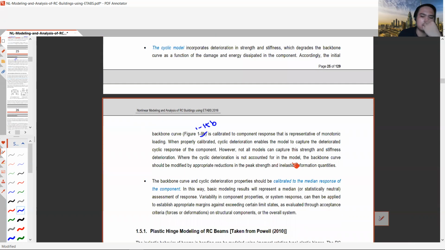So however, not all models can capture the strength and stiffness deterioration. So where the cyclic deterioration is not accounted for in the model, the backbone curve should be modified by appropriate reduction in the peak strength and inelastic deformation. Okay.